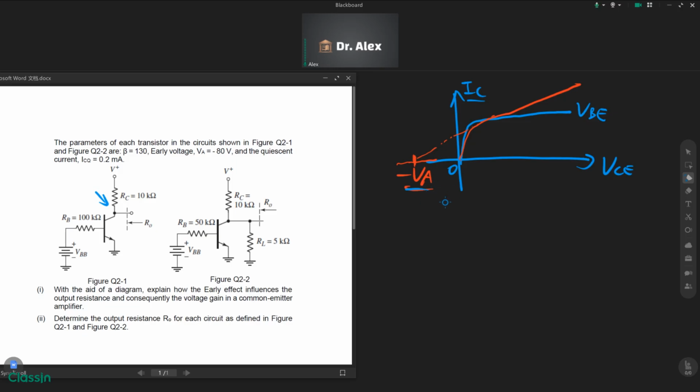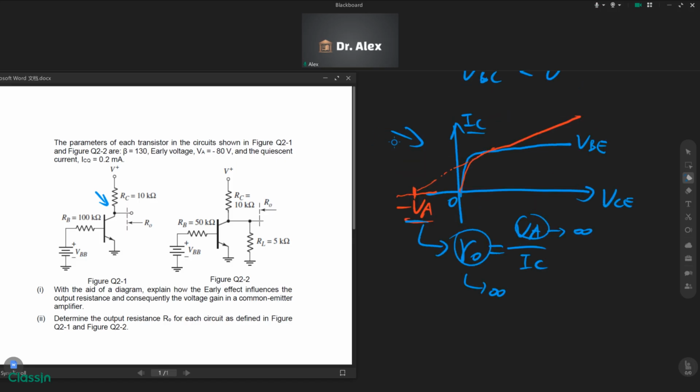The existing VA causes an additional RO, which is VA divided by IC. Theoretically, VA should be infinite, so RO should be infinite. But in a practical environment, both these values are not infinite. So this is the first diagram.